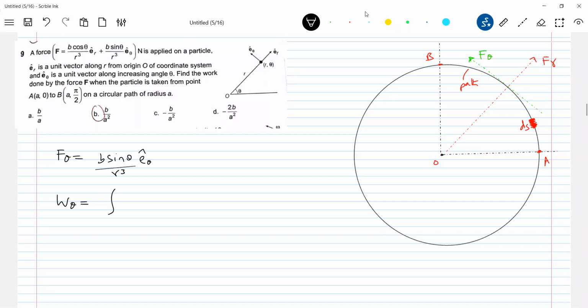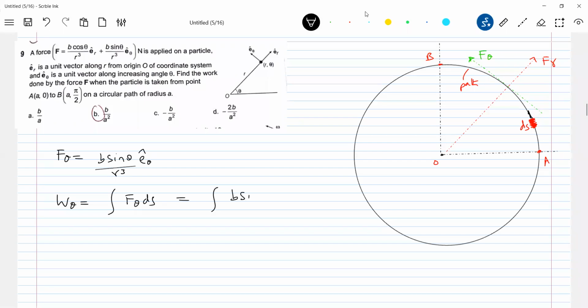What should be the ds? Try to see things clearly here. F theta ds, because the force will be acting tangentially here. F theta into ds. So substitute this.